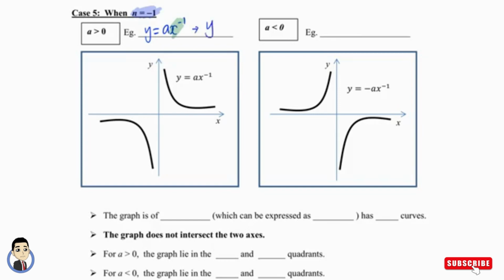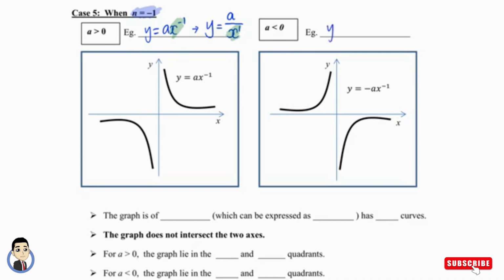Because the power is -1, I could write x as a denominator, such that the power becomes a positive index. This is what we learned in the laws of indices.